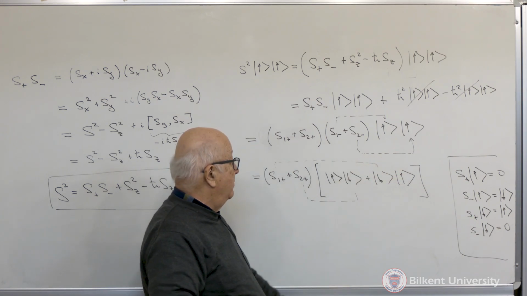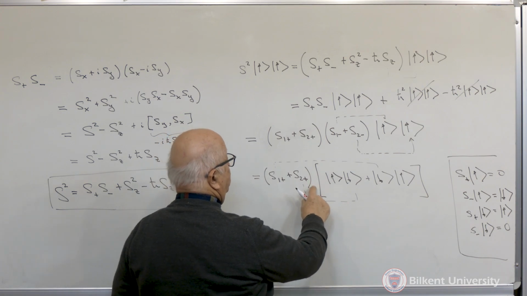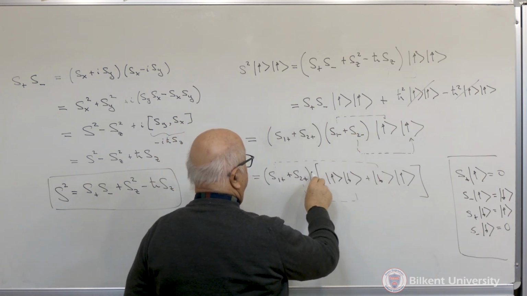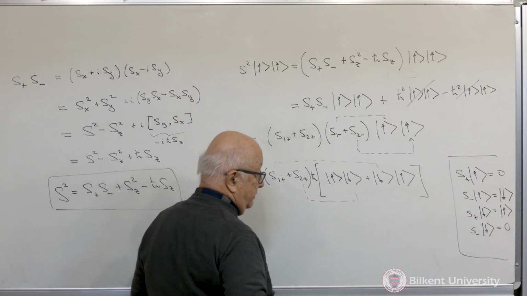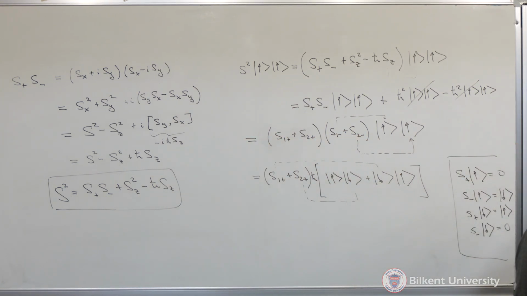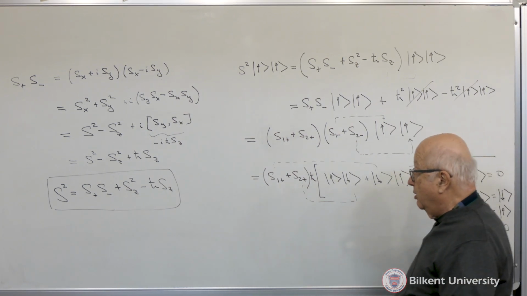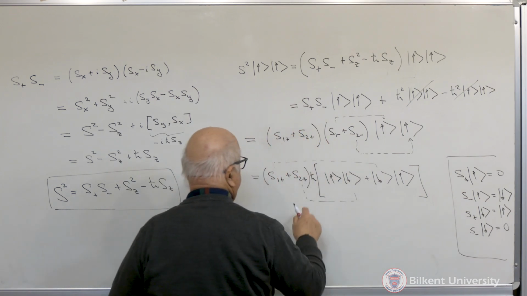Because there's no place to go up. Okay, so now if I do that, I already forgot a factor h bar here. There's this h bar factor, wherever it is.